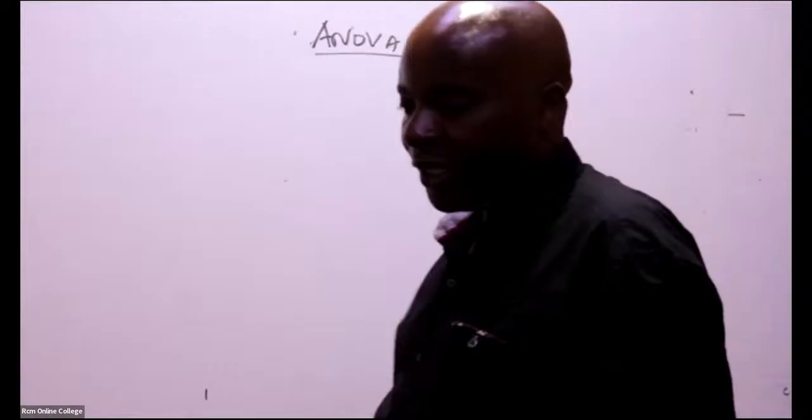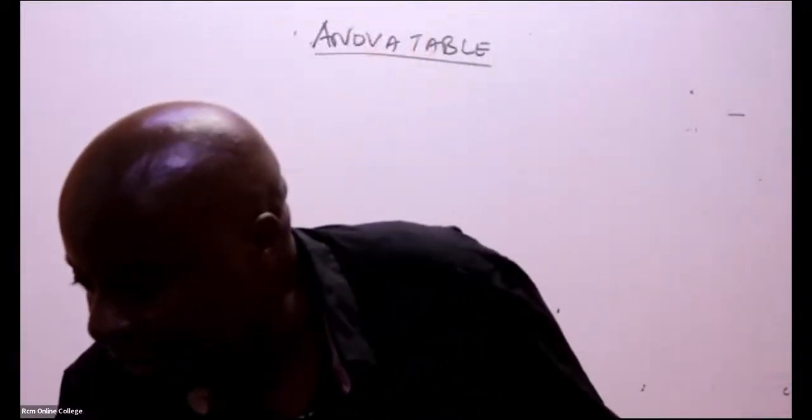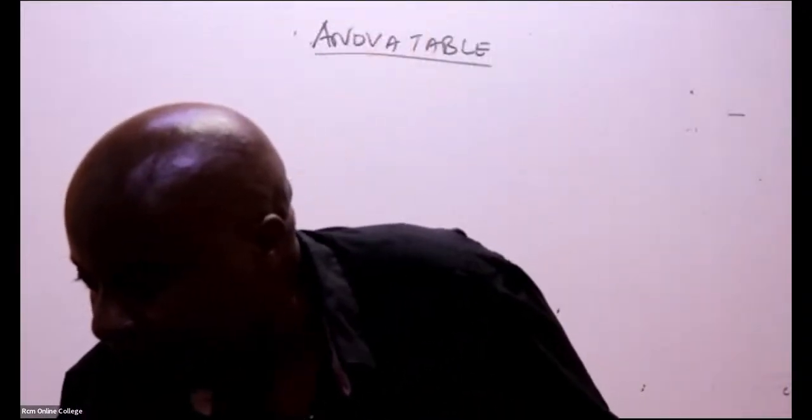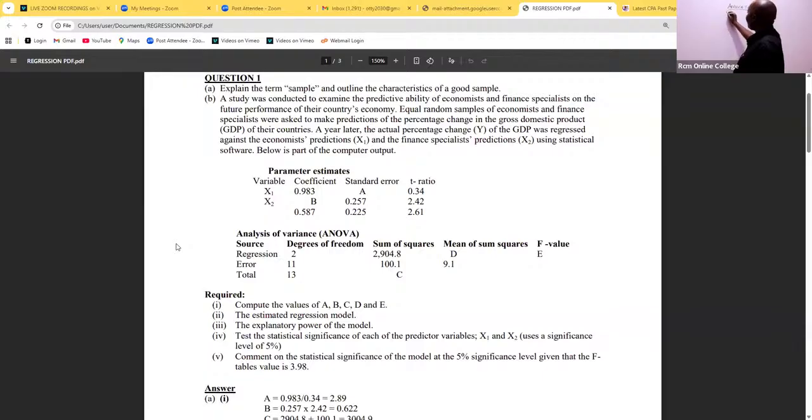So this ANOVA table, what are they giving us? They have given us source. We have two sources. We have a regression source, which is what you also call explained.